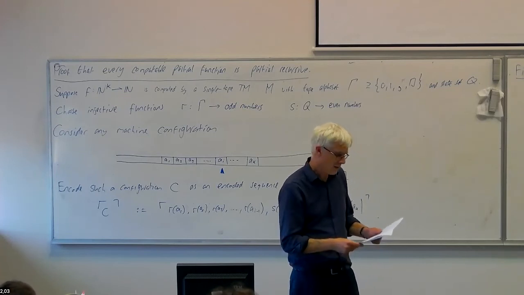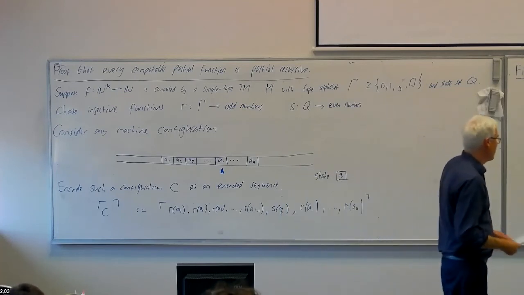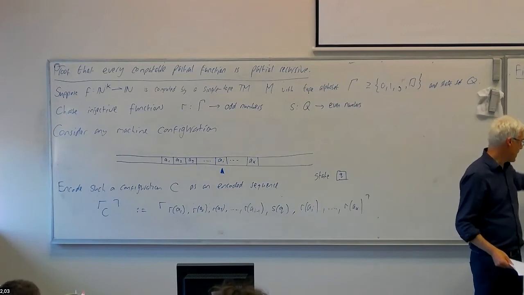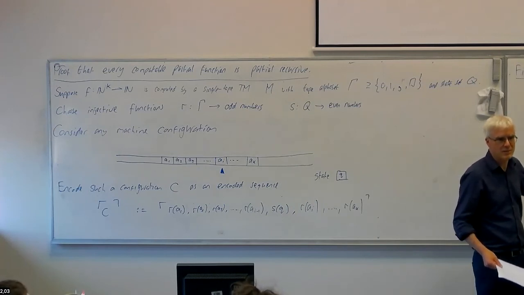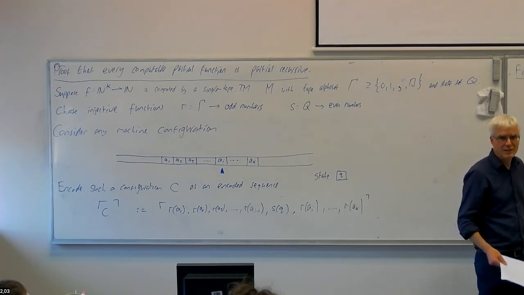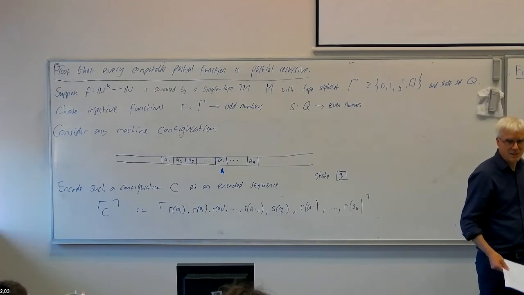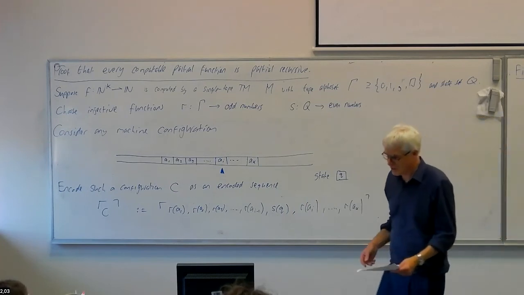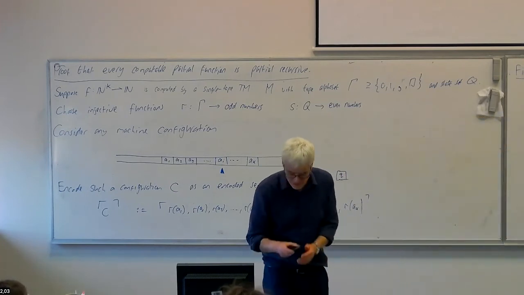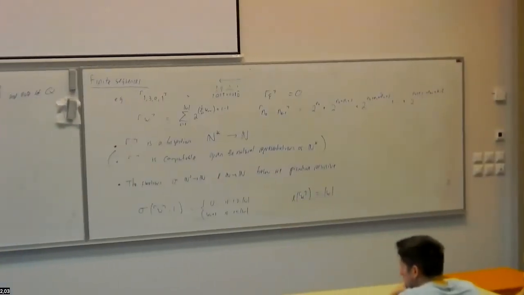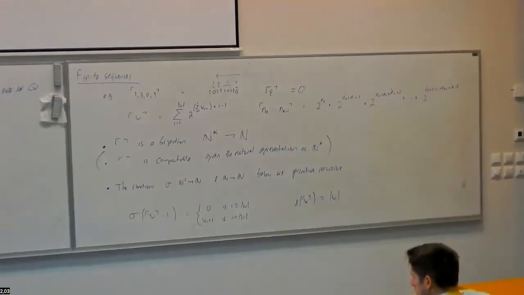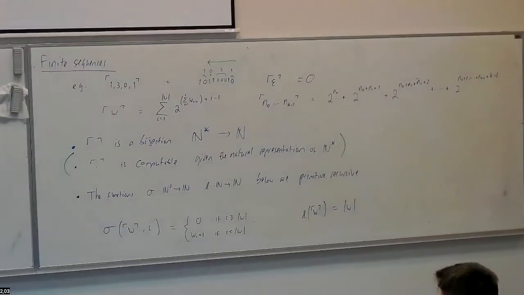For now, it maybe already seems a bit magic. How are these functions decoding sequences? How are they primitive recursive? You're going to get an appreciation of that from the exercise class next week. We're going to look at many more functions on natural numbers, and I'm just going to assert without justification that they really are primitive recursive functions.